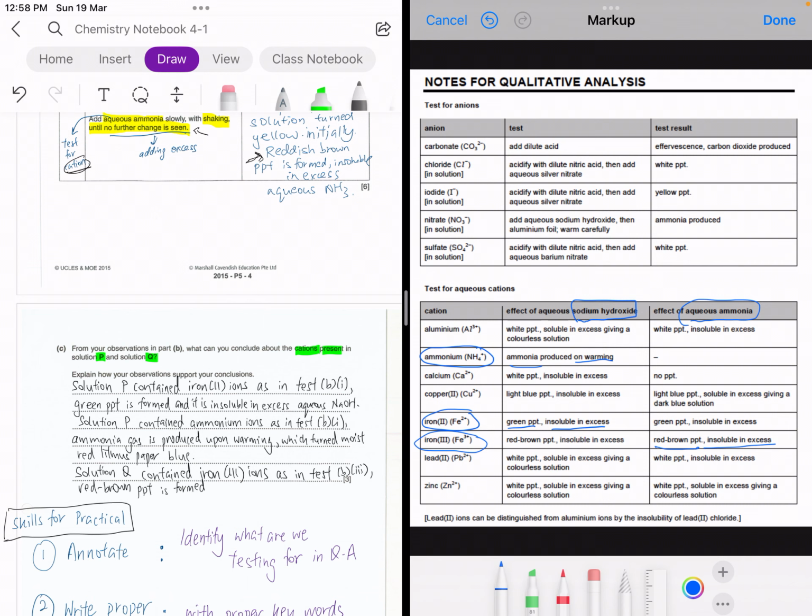For practical, we are allowed to use the word PPT to replace precipitate, just for practical only. And it is insoluble in excess aqueous ammonia.